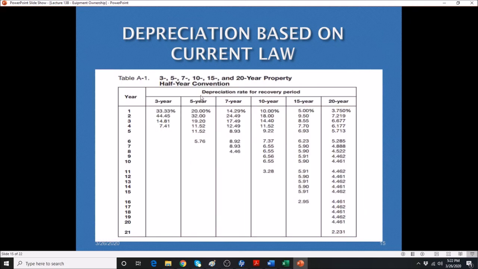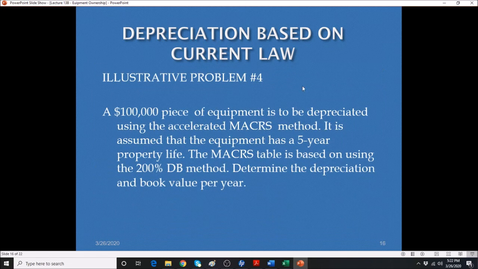This one here, we have the service life of 3 years, 5, 7, 10. These are the corresponding depreciations. At the end of the first year, this is the depreciation, and so on and so forth. And at the end of the fourth year, this is the depreciation that you have for the equipment. All right, so let's take a look at that.